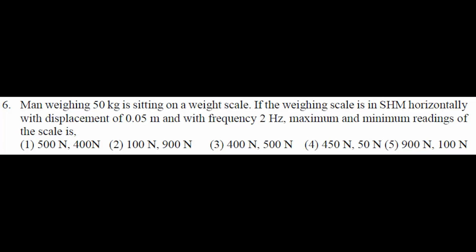A man weighing 50 kilograms is sitting on a weighing scale. If the weighing scale is in simple harmonic motion vertically with displacement 0.05 meters and with frequency 2 Hz, what are the maximum and minimum readings of the scale?